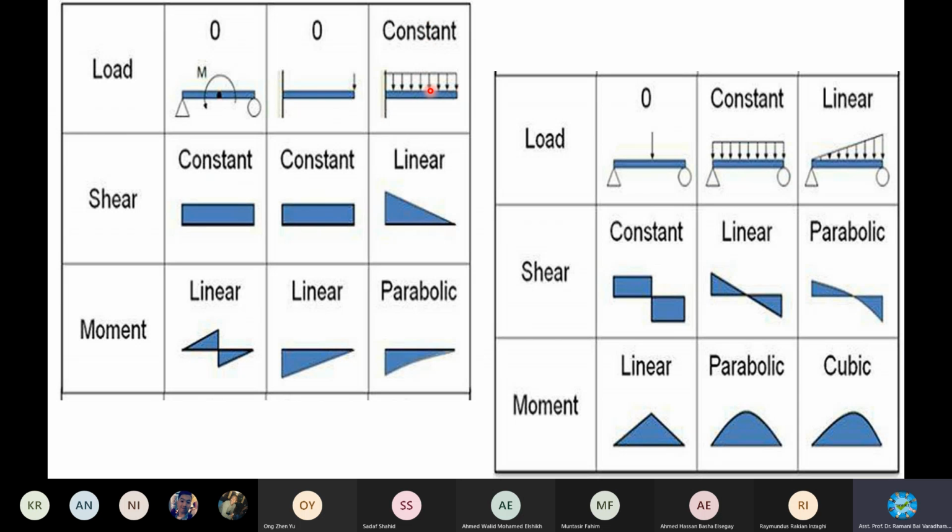And then this one, constant UDL. I already told you, shear force for a point load is a horizontal straight line. You have to remember this point. For a UDL, shear force will be an inclined line, meaning the distribution starts from here. Because it's a UDL, it will have a reaction at this point.